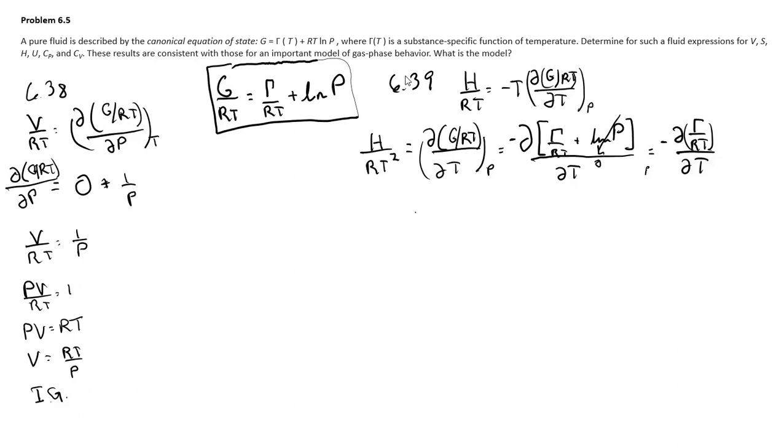All right, so we can then do our derivatization, but first remember that R is a constant. Let's just pull that out. So we have H over, pull that out, and so then we're left with the partial of gamma over T with respect to temperature.